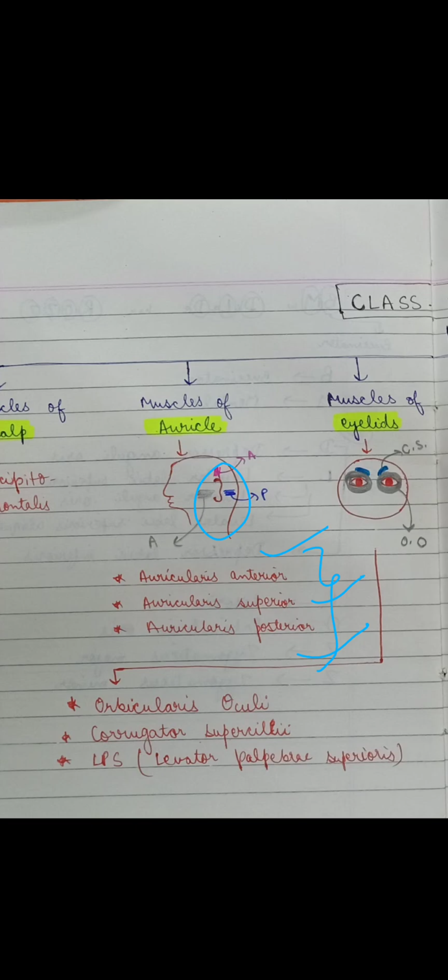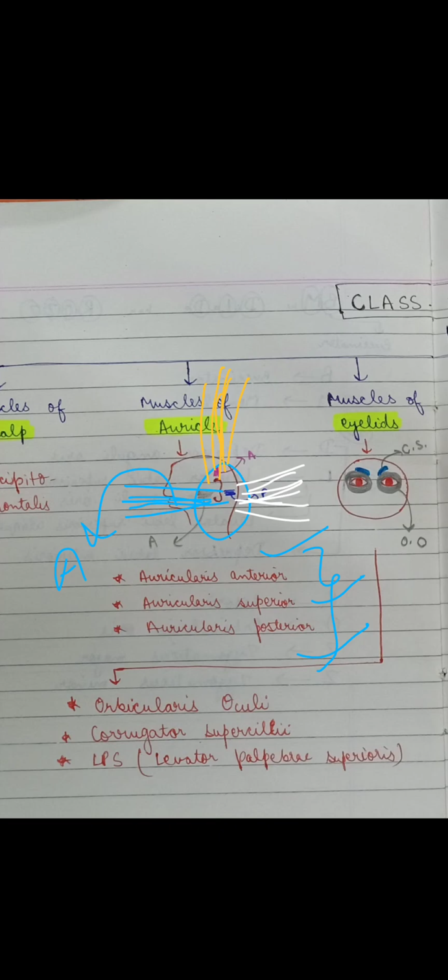As you can see, this is the ear auricle or pinna. The muscle fibers that run anterior to the ear auricle make up your Auricularis anterior. The muscle fibers that run superior to your ear auricle make up Auricularis superior, and the muscle fibers that run posterior to your ear auricle make up Auricularis posterior, right?